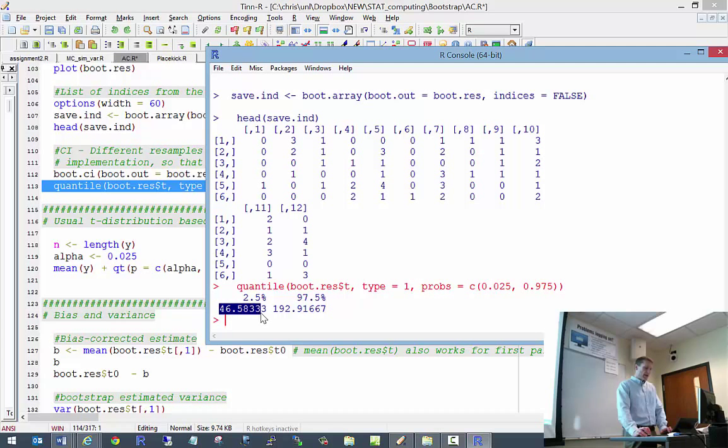This is what I would use to help find my lower bound and my upper bound for my confidence interval using the basic bootstrap method.